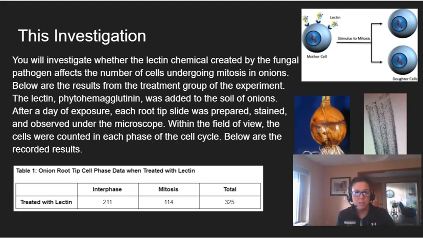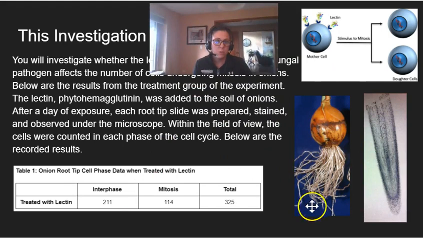So let me move my face again. Here's the root of the onion. These would be the onion roots that had been exposed to lectins as they grew. And then here is the slide, so you can look at a microscopic image of the onion tip. We'll be looking down here at these onion tips.